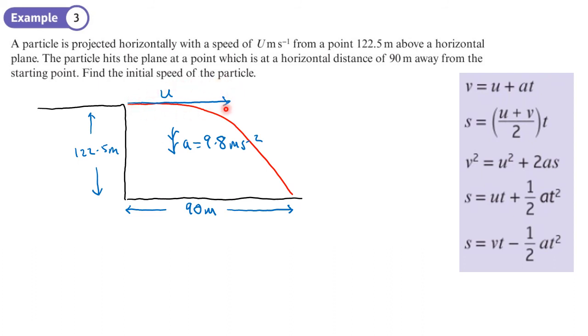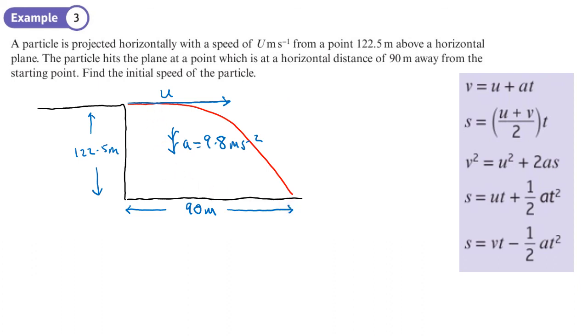That'd be too easy a question otherwise. So I'm going to have to use what I know about what's going on vertically to find the time that it takes to get down here, and then substitute that time for horizontal, and then I can work out u.